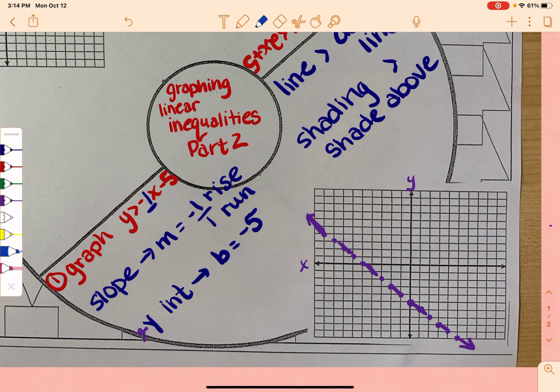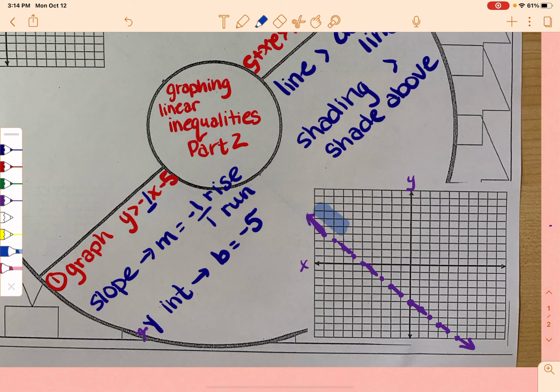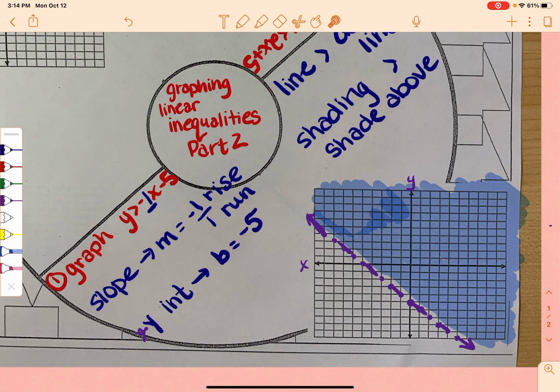Now remember, you can get close to the line, but we don't want you to actually hit it, because then it's hard to tell whether your line is dashed or filled in, especially if you're using a highlighter. Now remember, in this case, anything in the shaded area is going to be a solution. The dashed line is a boundary, so it doesn't count, but everything on this side does.